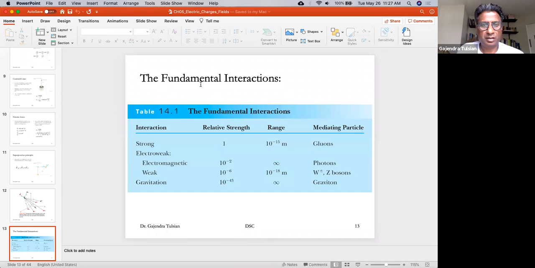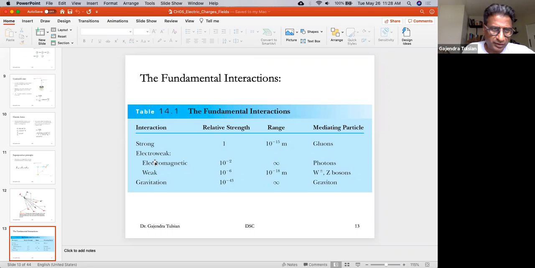Now here are the 4 fundamental interactions. It turns out that in nature, there are only 4 fundamental forces. There's the strong force, electroweak force. The electroweak force is comprised of the electromagnetic and the weak force. We are studying part of this electromagnetic force.